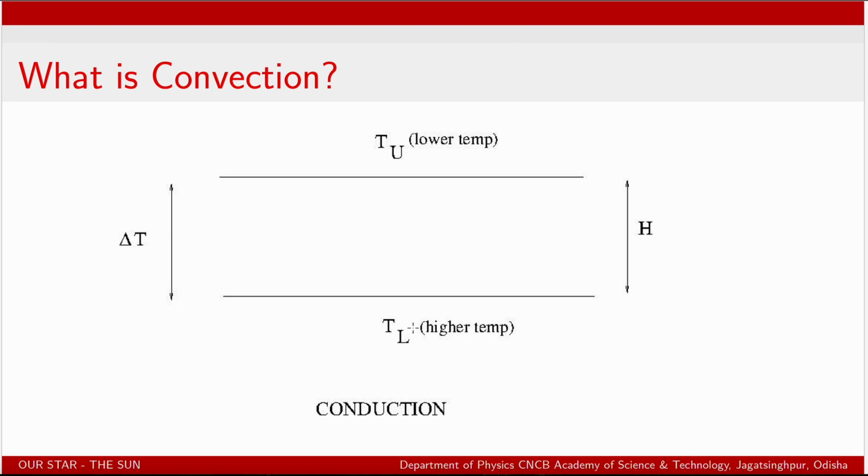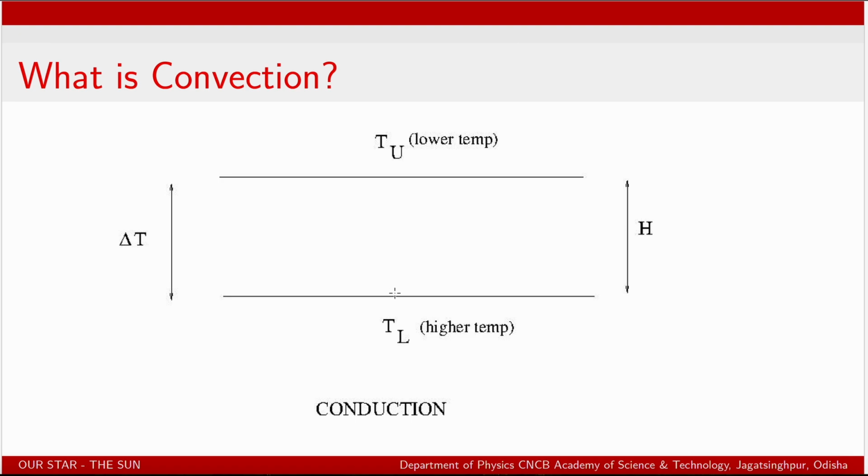One has a higher temperature TL, and another plate has a lower temperature TU. The difference between the temperature of the two plates is delta T, and the distance between the two plates is H. And suppose we are on the surface of the earth. It's not required here for this conduction thing.